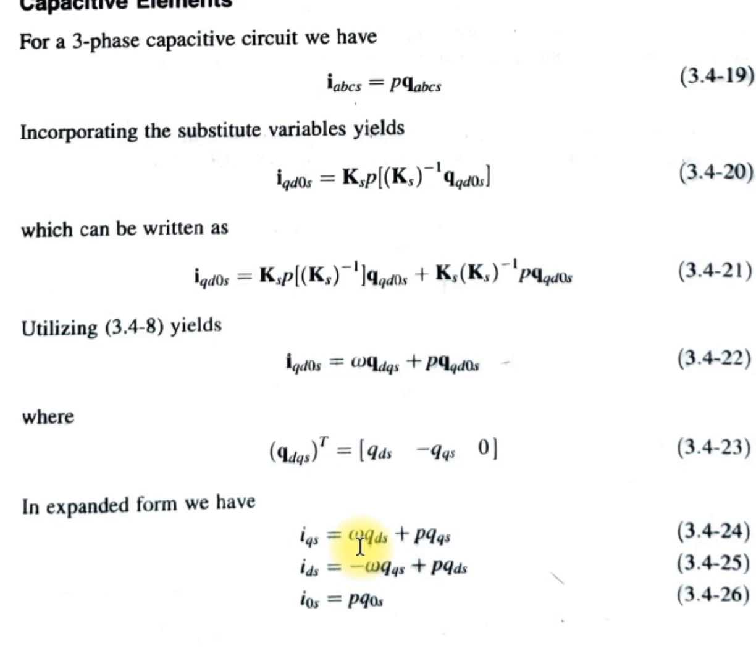In the inductive element, we had called these terms speed voltages. Here we refer to these terms as speed currents, and needless to say these speed currents would be zero when your omega or your angular velocity is zero.